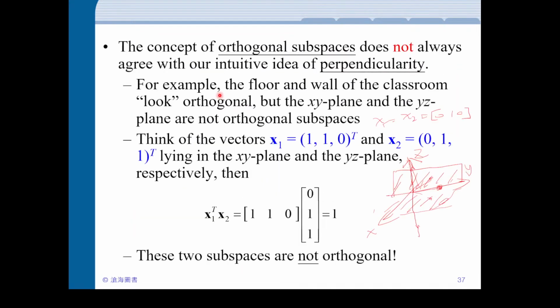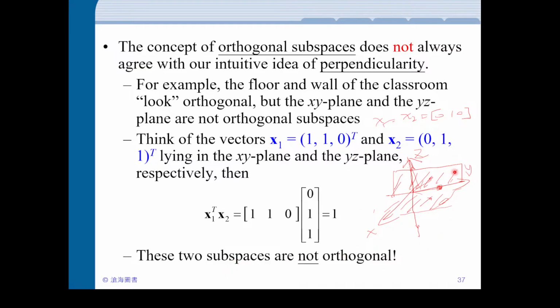And then here we have another example. The point x1 is 1, 1, 0 on the xy plane, and x2 is 0, 1, 1 on the yz plane, and when we take the inner product, it is 1. So the two subspaces are not orthogonal to each other. So be careful about things in R3.